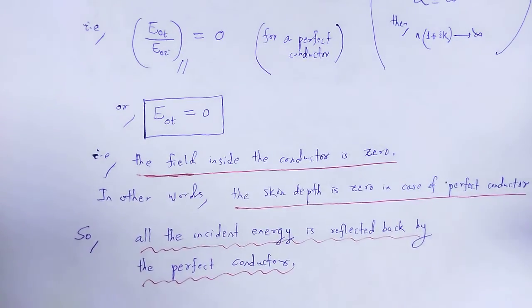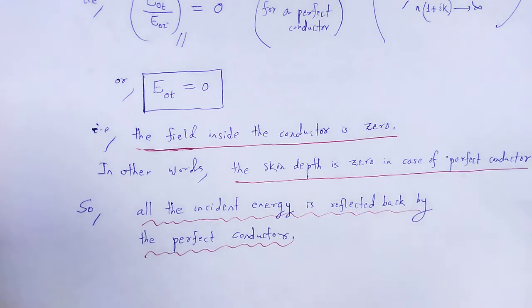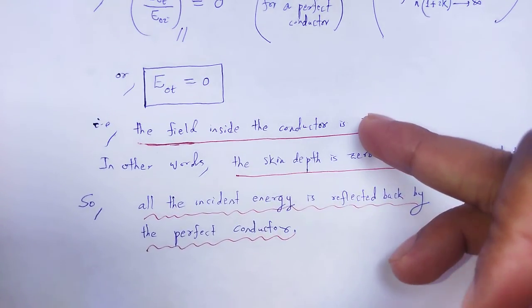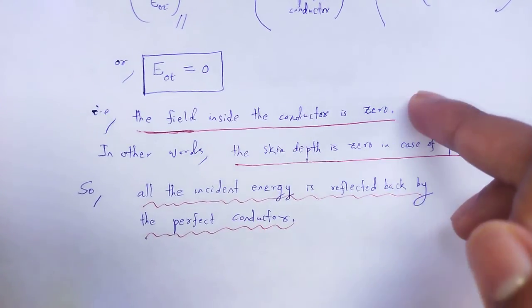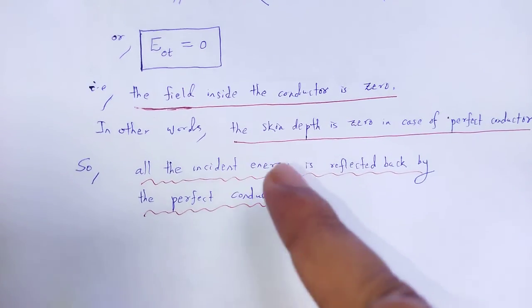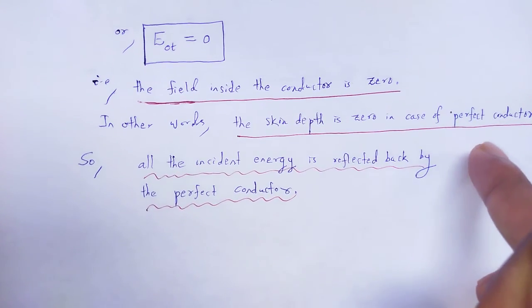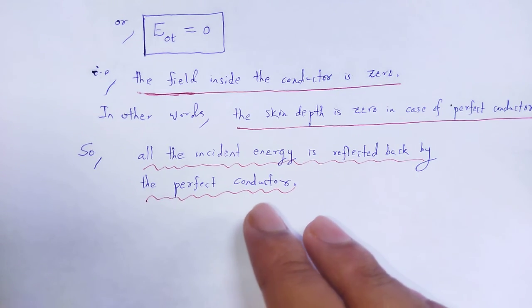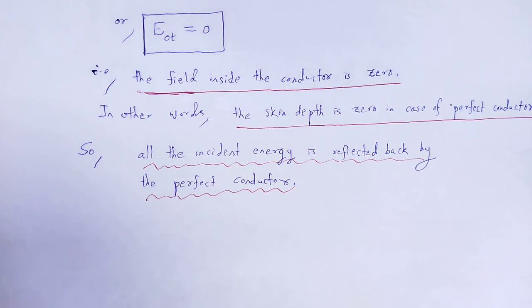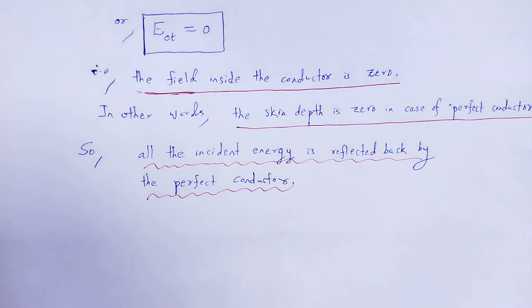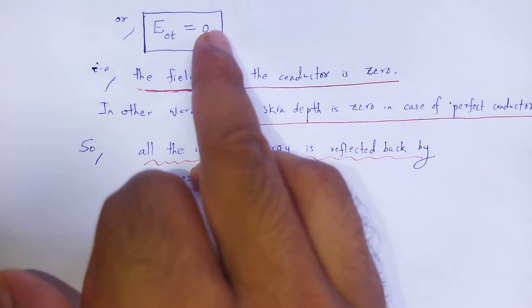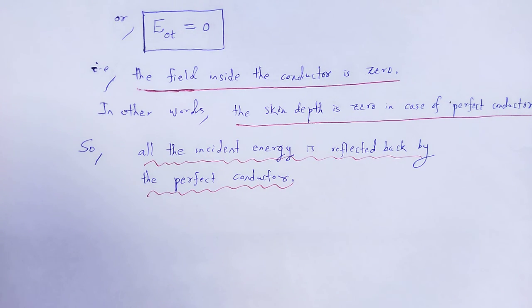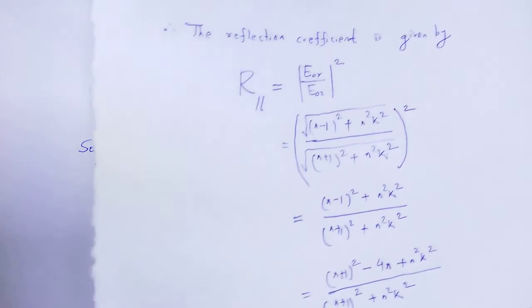From that expression, it is clear that there will be no field inside a conductor, means the electric field inside the conductor is 0. In other words, we can say the skin depth is 0 in case of a perfect conductor. So, all the incident energy is reflected by the perfect conductor in normal incidence condition. Since there will be no component of transmitted wave, only the reflected wave component, the reflection coefficient is calculated.